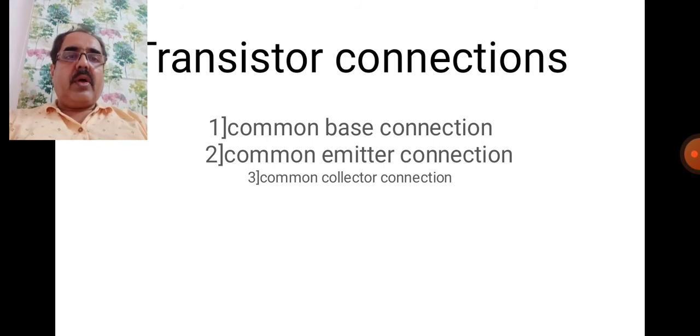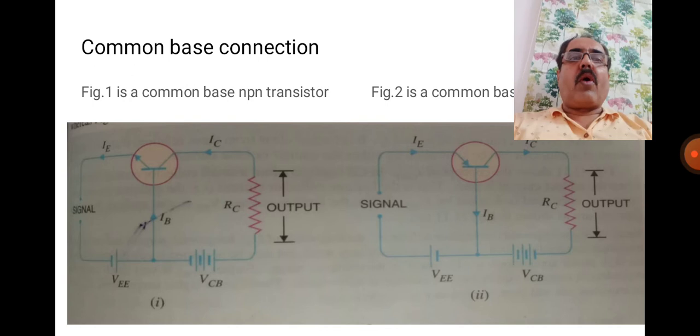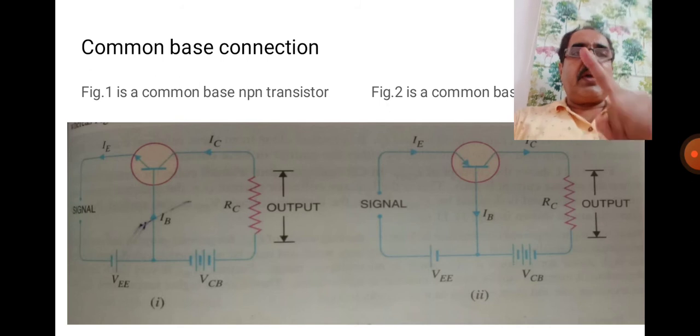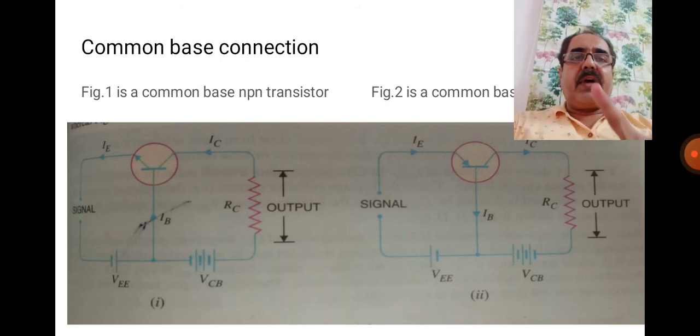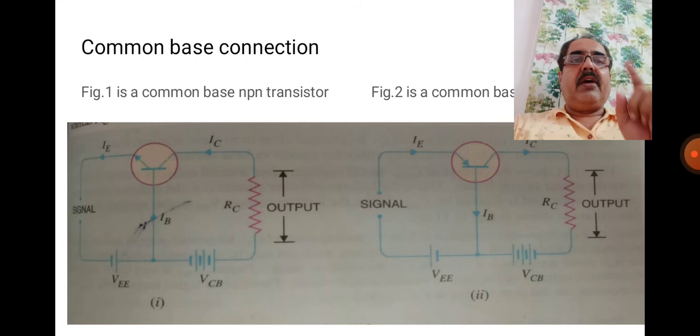Now we have to consider the case of common base connection. So we have to consider the first figure. What is the first figure here? The first figure is a common base PNP transistor. In the last period we have already considered what is meant by NPN transistor and what is meant by PNP transistor.